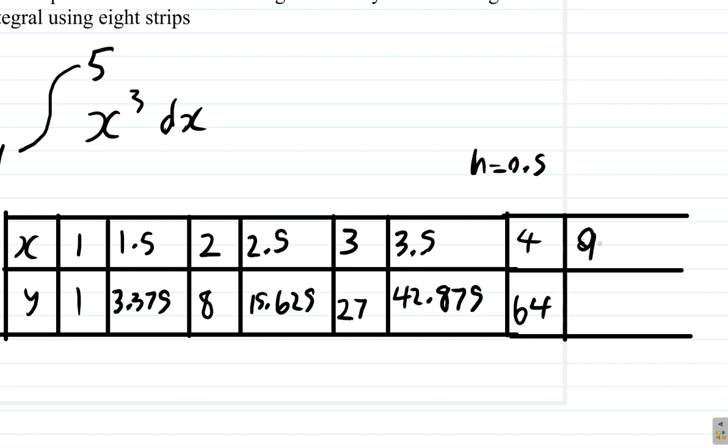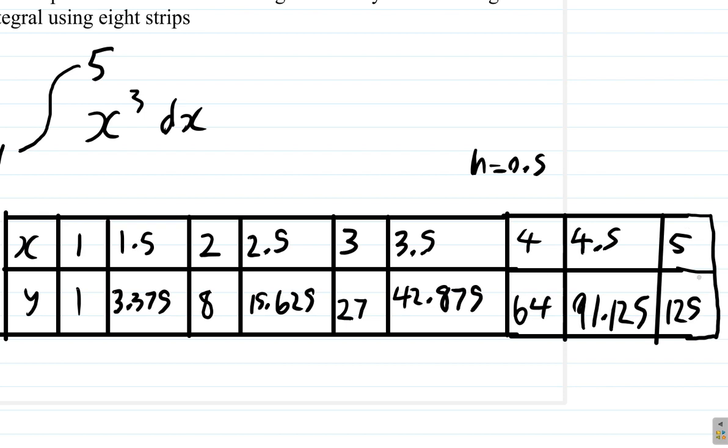So we have 4.5 and 91.125. And then we have the last value, 5, and when you cube 5, you get 125. Alright, so we have all our values there.